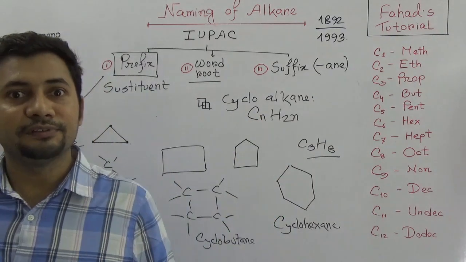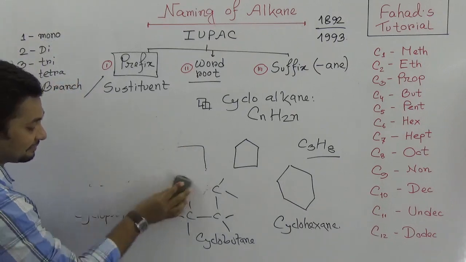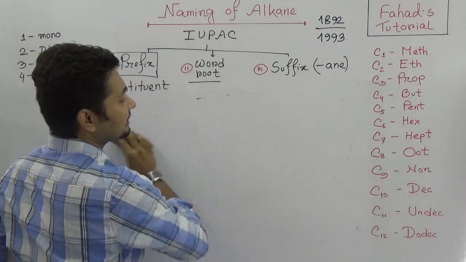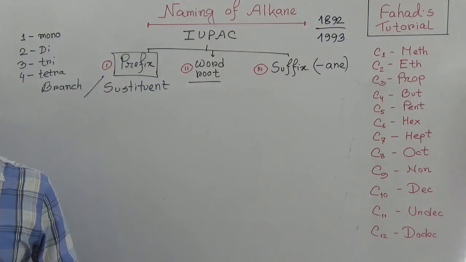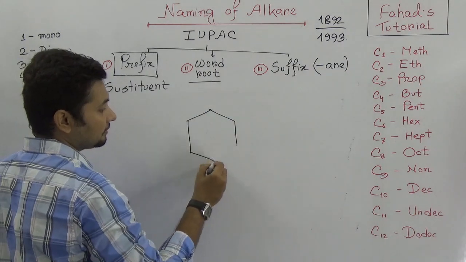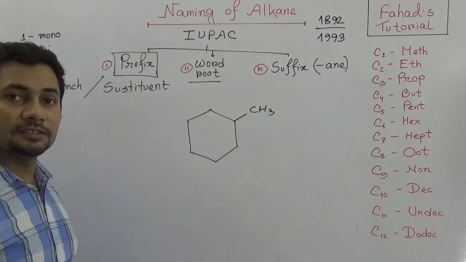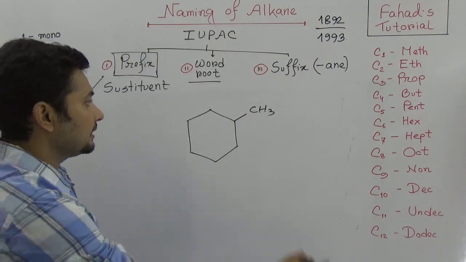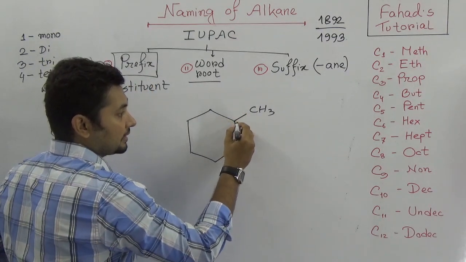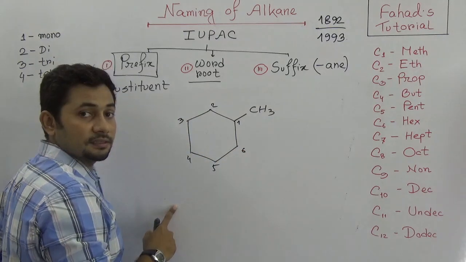In a closed chain, if there are 3 carbons, cyclopropane; 4 carbons, cyclobutane; 5 carbons, cyclopentane; 6 carbons, cyclohexane. And if there is a substituent in this cycloalkane, what would be the naming? Very simple. Suppose there is cyclohexane and here CH3. We can number it 1, 2, 3, 4, 5, 6.